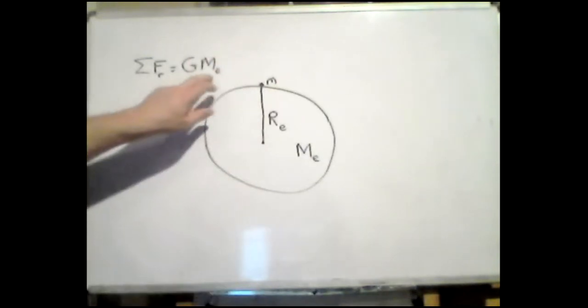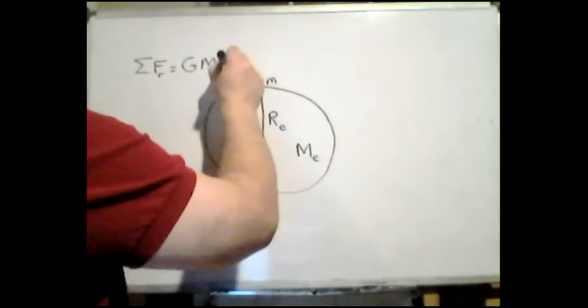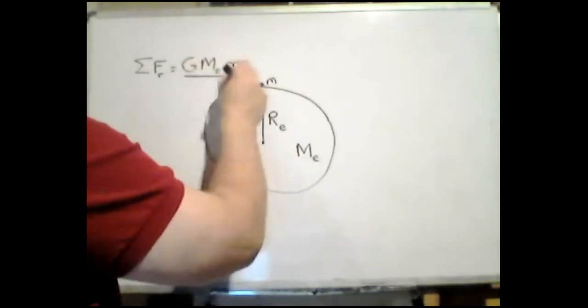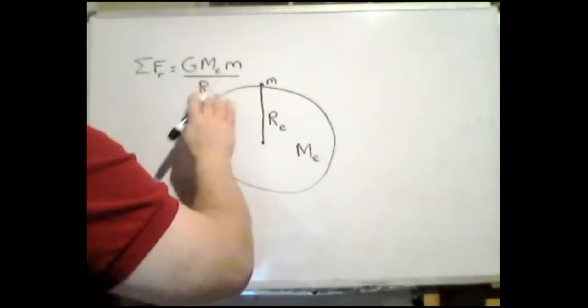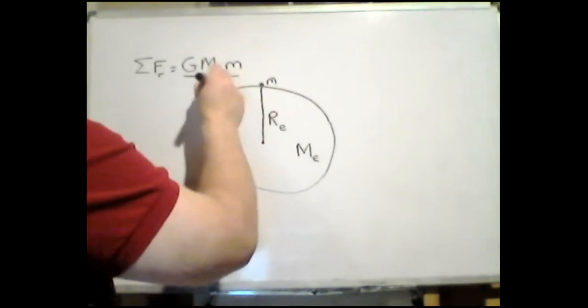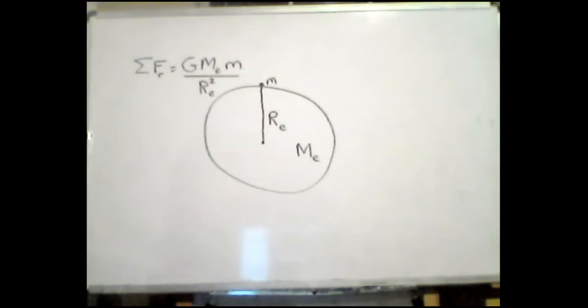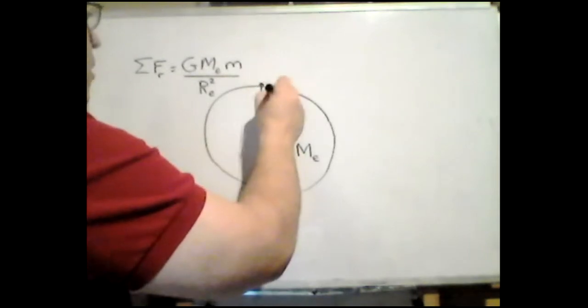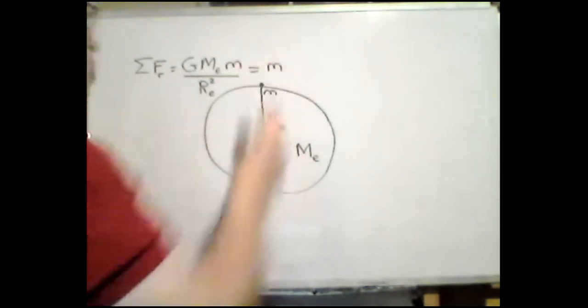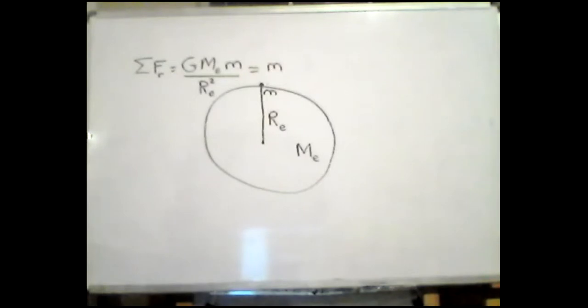So capital G times the mass of the Earth times your mass divided by the radius of the Earth squared. That's the center to center distance. And what's that equal to? Well, that's equal to mass times acceleration. So that's going to be mass times what acceleration? Well, we know that any body near the surface of the Earth is going to fall at what? G.